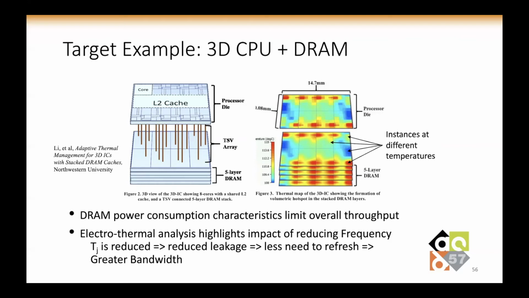What they found is that the highest overall throughput occurred at a frequency less than the maximum operating frequency. Basically, by running at less than the maximum allowable frequency, they were able to minimize the maximum junction temperature, which in turn reduced leakage, which required fewer refresh cycles. And with fewer refreshes needed, overall throughput was maximized.